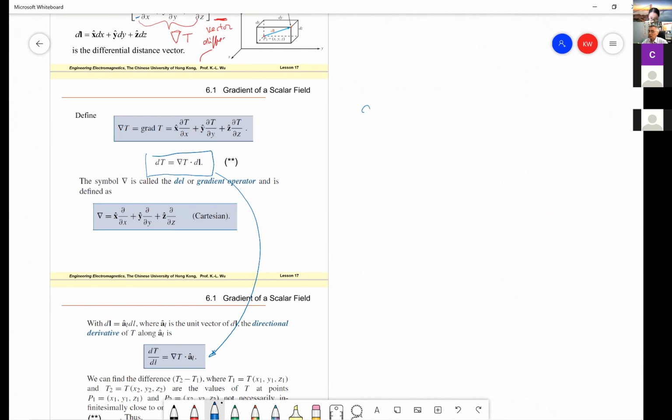Because dl is a unit vector, I can write it like a magnitude, and also a unit vector.